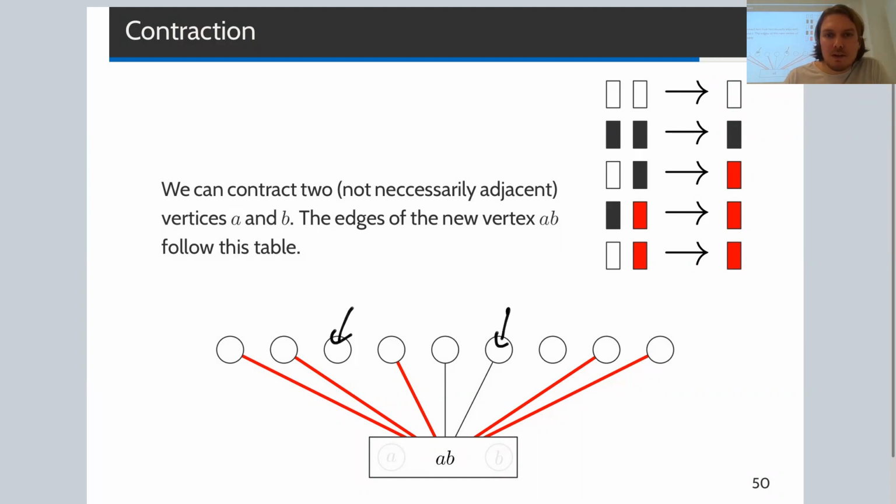Okay, so this defines contraction of 2 vertices. If 2 vertices agree on a neighbor, you create a non-edge or an edge, and as soon as there's an error edge or the 2 vertices don't agree on the neighborhood, you draw a red edge to that neighbor. So this was how you create the neighborhood of a contracted vertex. All the other vertices stay the same.